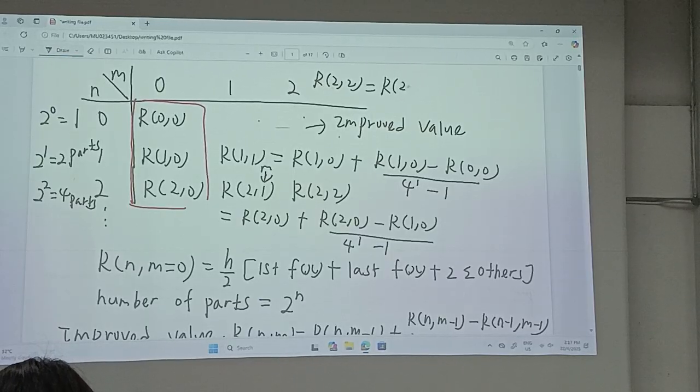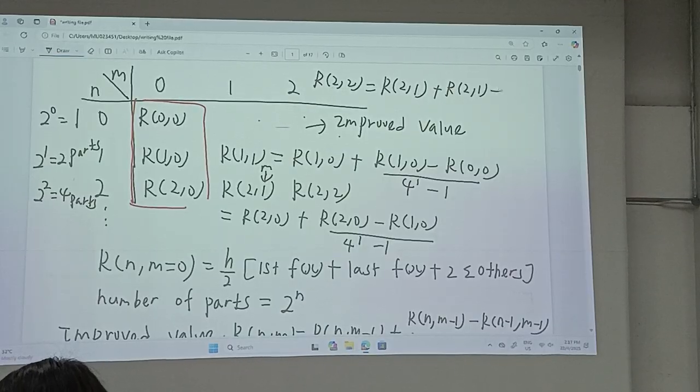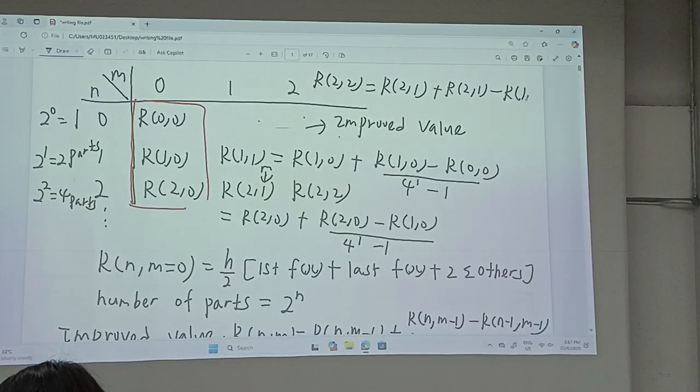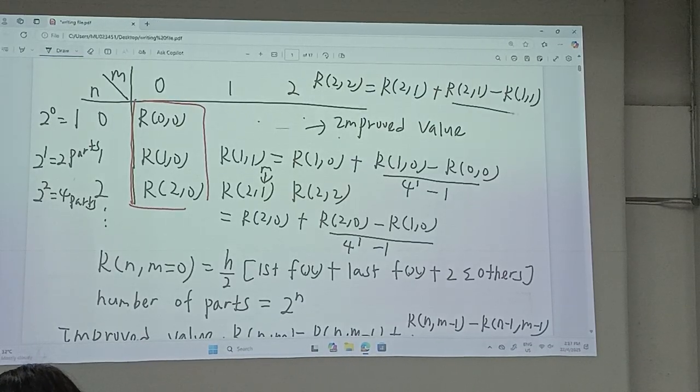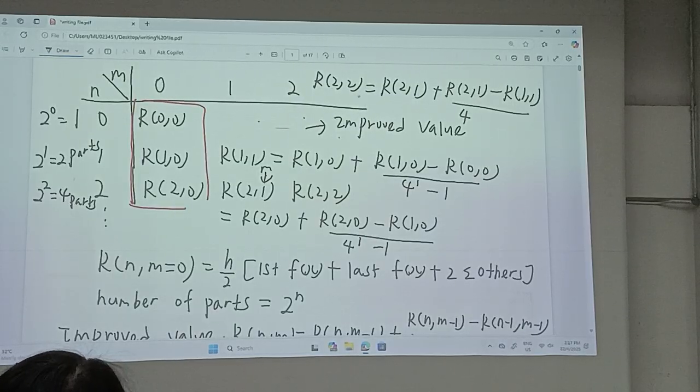So R21 plus R21 minus R11, over 4 power m. What's the m value now? Yes, you got the 2. M equal to 2. So 4 power 2 minus 1. Okay?